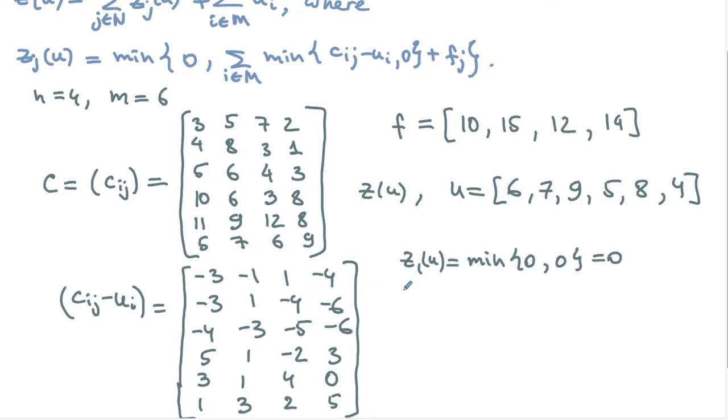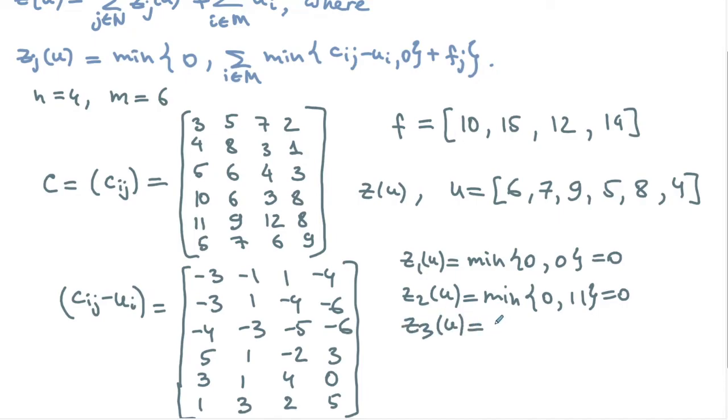Alright, so now for z2 of u, we have again the minimum of 0, and then the summation of the negative entries in the second column plus f2, which is 15. We have negative 4 plus 15 is 11, and clearly the minimum is 0.